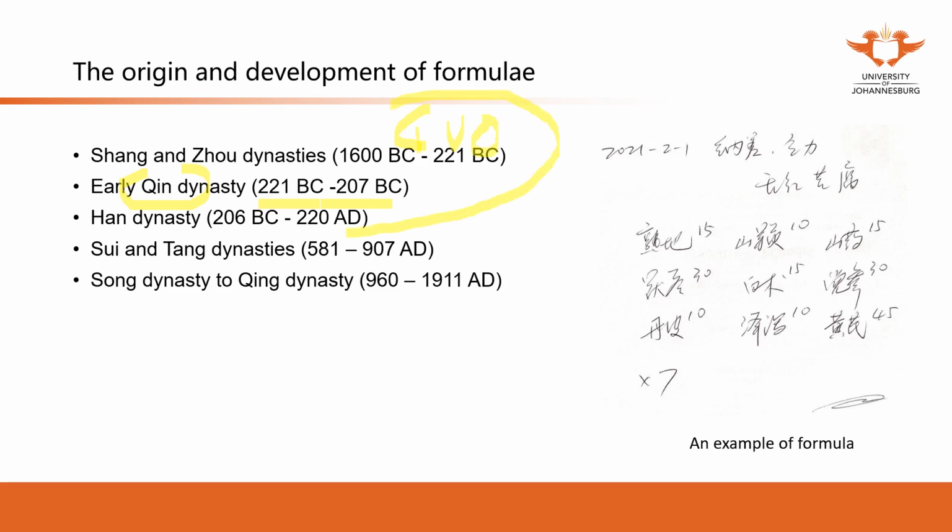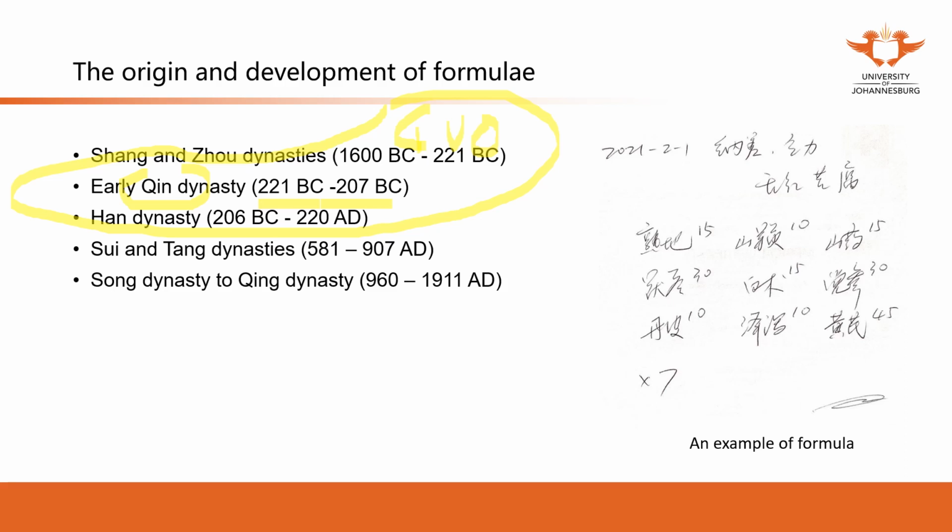During this period, pre-Qin or early Qin dynasty, this is when the classics appear, such as the Huangdi Neijing. The Huangdi Neijing was written between 475 BC and 220 BC. In these Chinese medicine works that we still can see today, we can see the formulae.